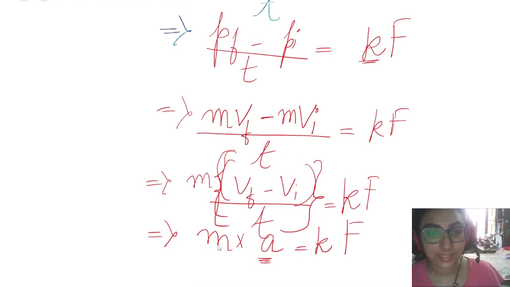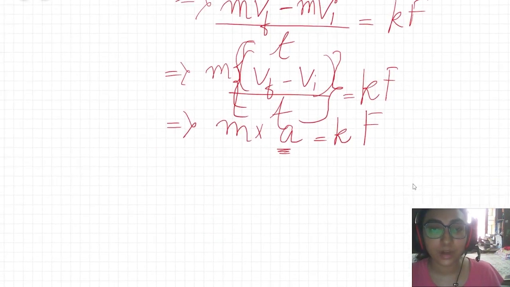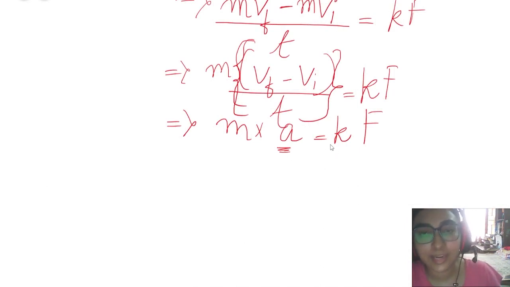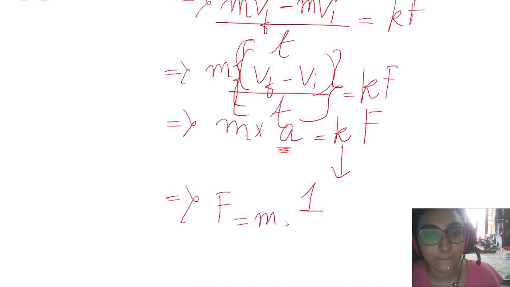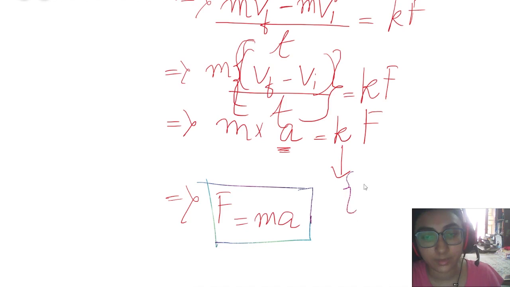So this is our equation, and k is given the value of 1. So from here we get F equals m into a. This is our finding. Here we can write in bracket that the value of k is 1 to maintain the proportionality.